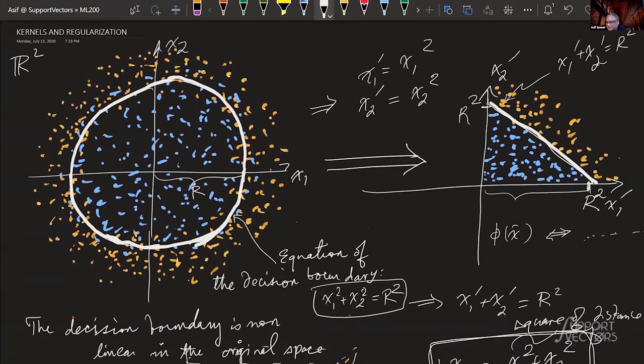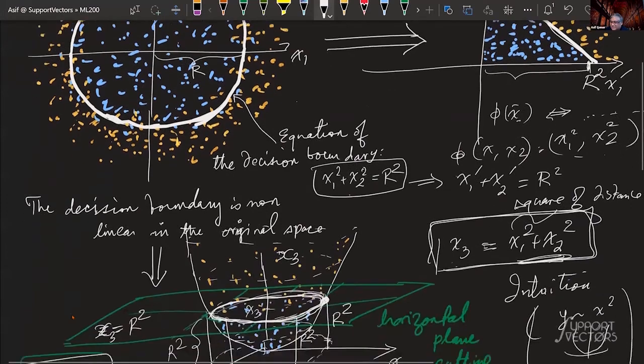It is literally x1. So suppose you have phi of x1, x2 is literally x1 square, x2 square. A new point in a higher dimension. The square of the points. And then likewise, this one is very simple.